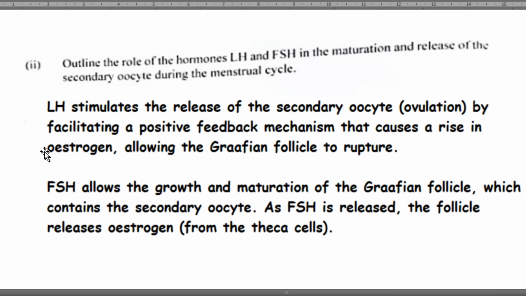What this means is that the more LH is produced, the more estrogen is produced, right? One triggers the increase of the next one. And in the end, this allows the Graafian follicle to rupture and thus release the secondary oocyte.